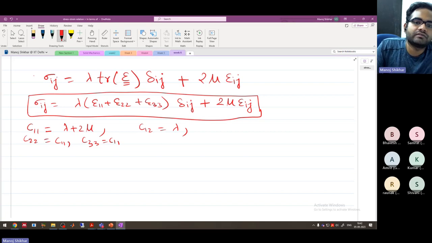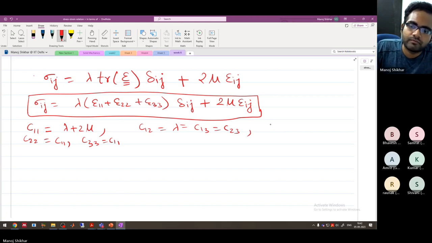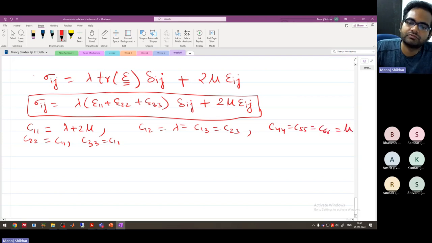And this will be equal to C13 and C23. And C44 equal to C55 equal to C66 equal to mu.